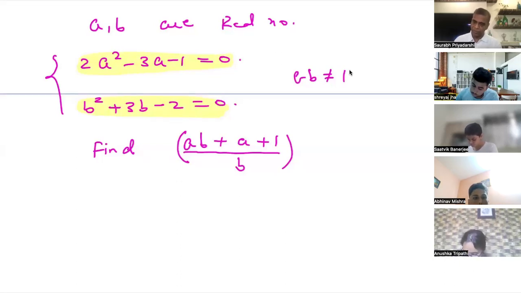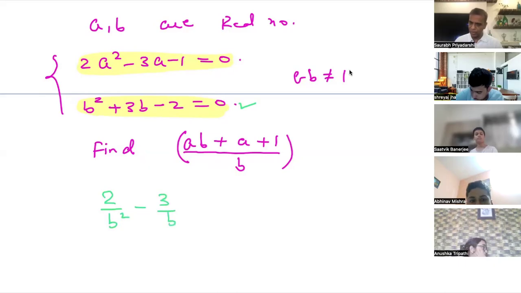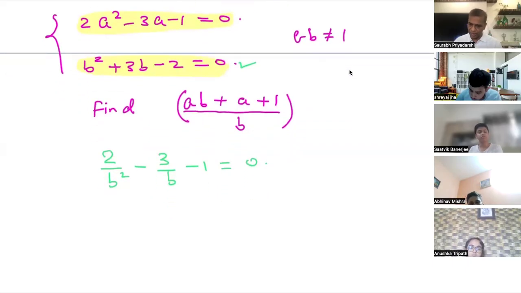But if I divide the second equation by b square with a minus sign, what we get is 2 by b square minus 3 by b minus 1 equal to 0, right? Means I can say this, and 2a square minus 3a minus 1 is equal to 0.